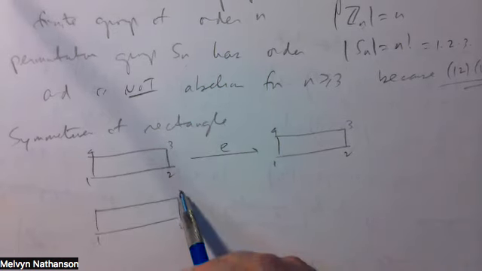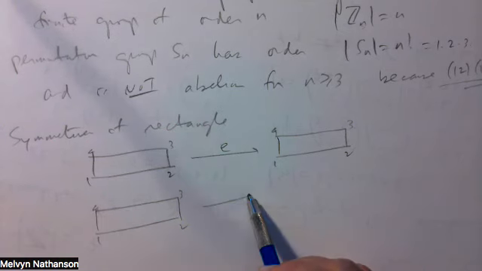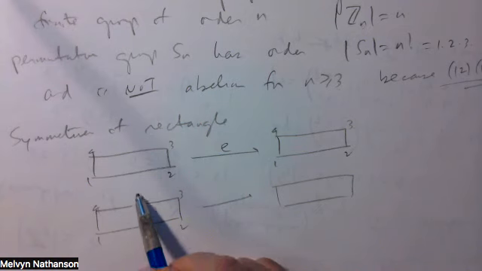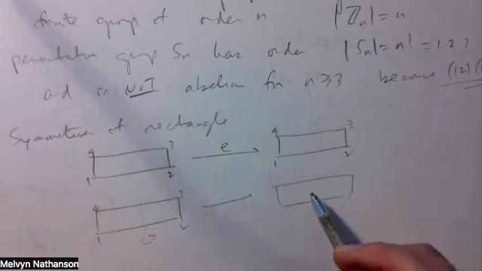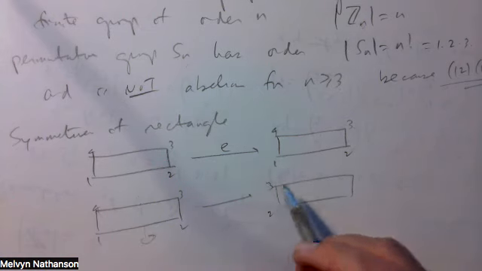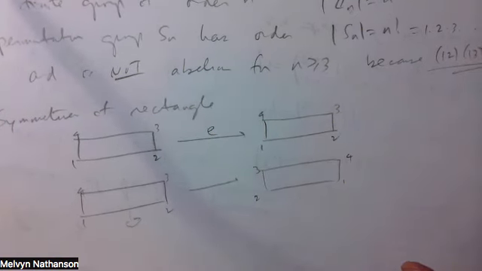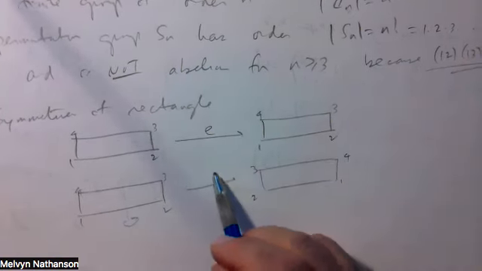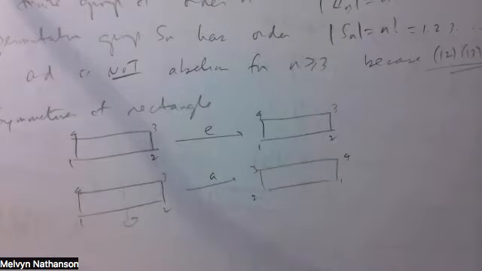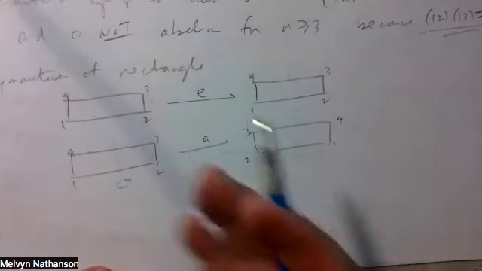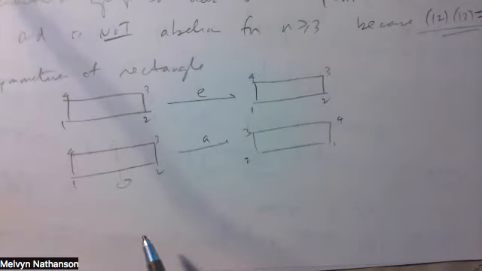Another thing you can do is pick up the rectangle and flip it around the vertical line through the center. So 2, 3 ends up here, and 1, 4 ends up there. Let me call that operation A. So A is the symmetry where you rotate the rectangle around the vertical line.